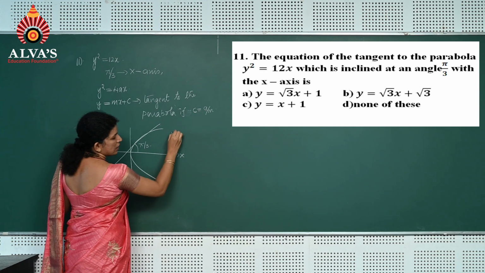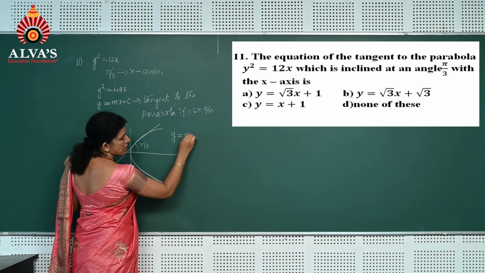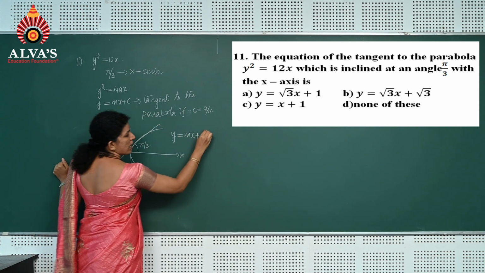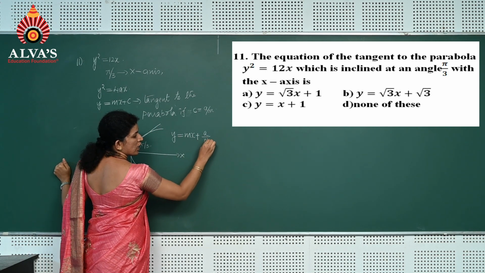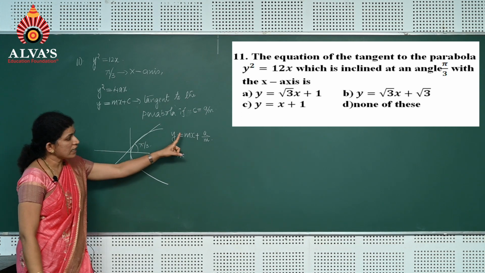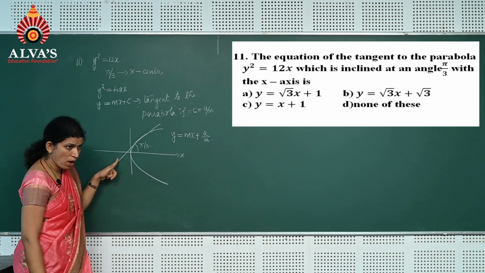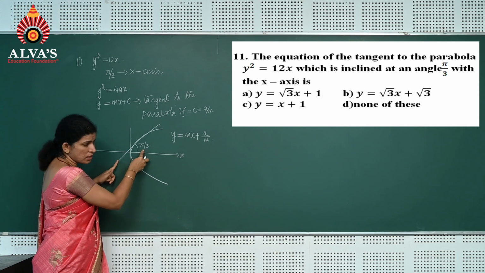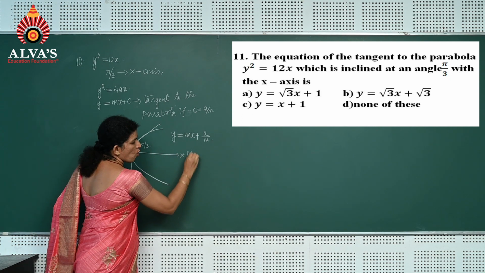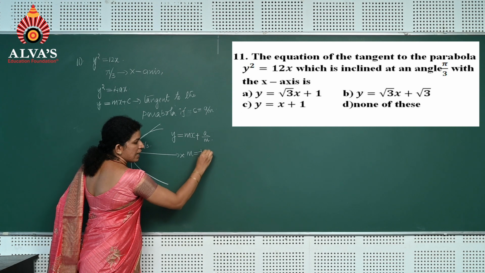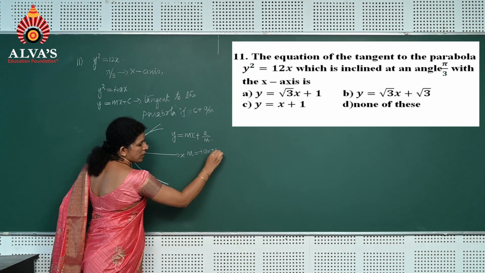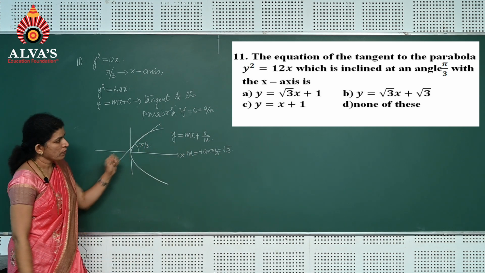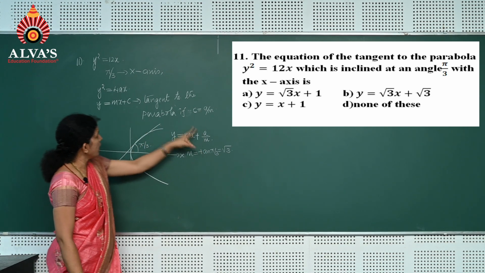We know the required equation of the tangent is y = mx + c, where c is a/m, and m stands for the slope of the tangent. Since our tangent makes an angle pi by 3 with the x-axis, the slope is tan theta, that is tan pi by 3, which is root 3. Come to the value a.